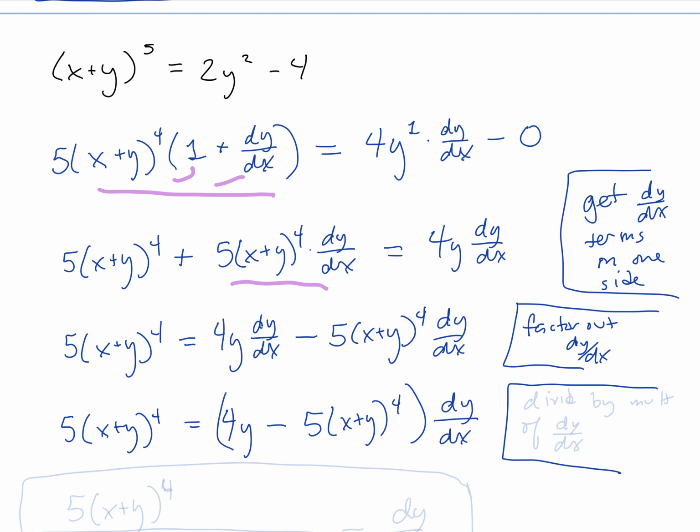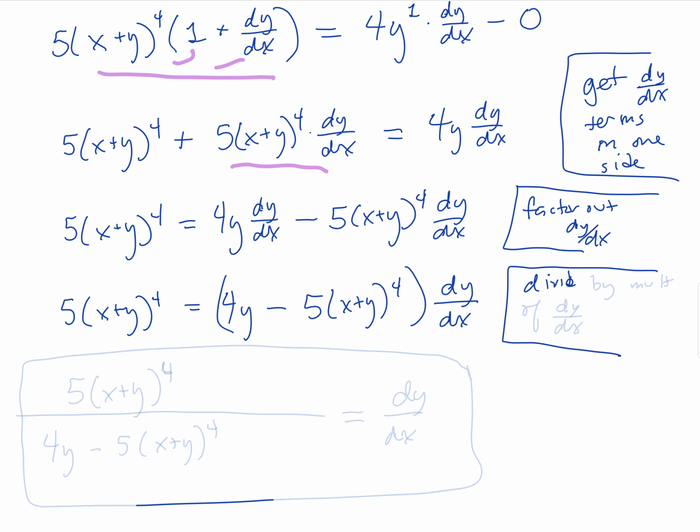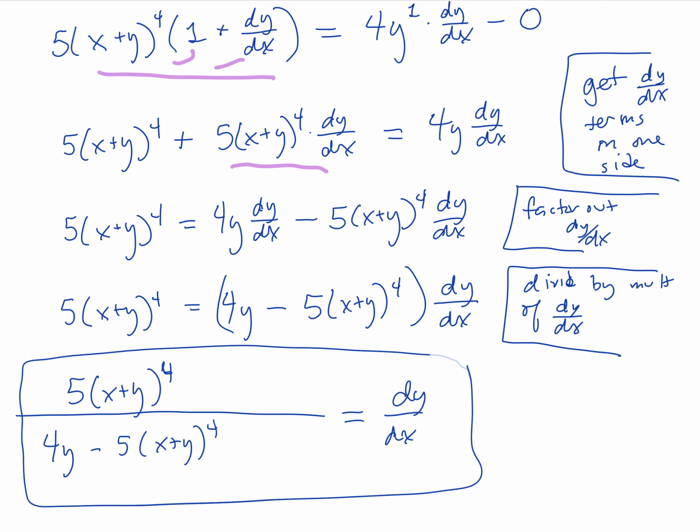And now, last step, I can divide by the multiple of dy/dx, and so that will give me 5x plus y to the fourth power, all divided by 4y minus 5x plus y to the fourth power, and that is equal to dy/dx. So that is my solution.